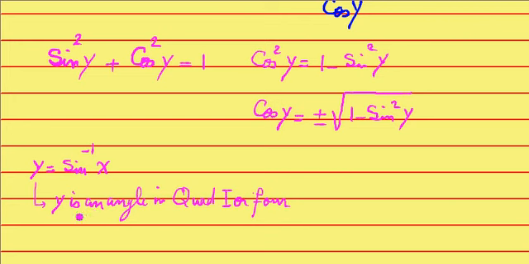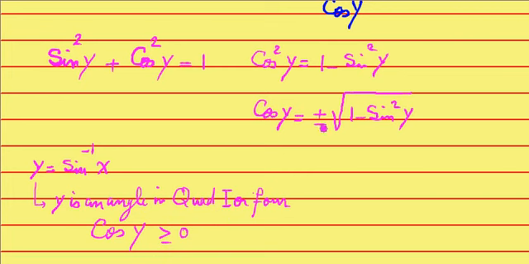So if by the definition of sine inverse, y is an angle in quadrant 1 or 4, what would the cosine of it be? Cosine of an angle that is in either of these quadrants is a positive quantity. At least it is going to be 0.